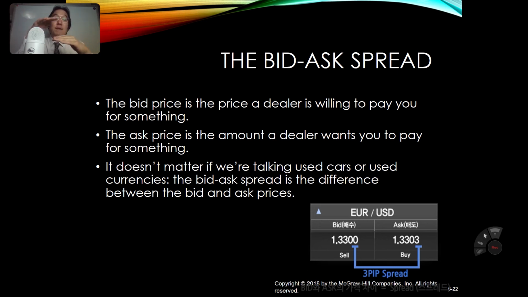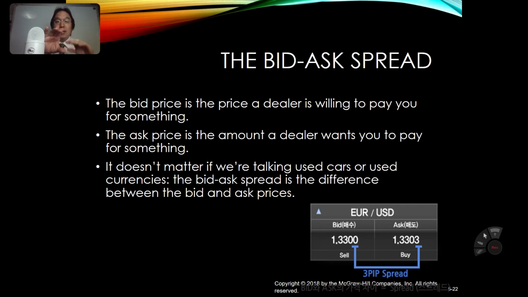That's just by definition. Why? The dealer keeps the difference. The dealer, the broker, the middleman who makes the market, keeps the difference. Of course they have to pay tax out of it, but that's basically the idea about bid-ask spread.